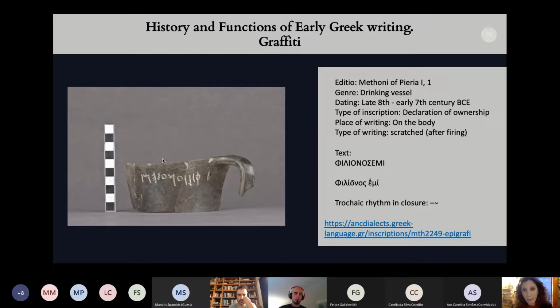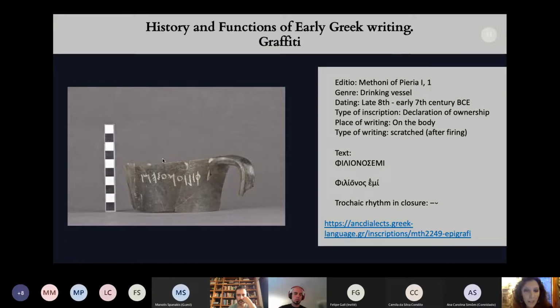And it's remarkable that the alphabet is the Euboean one, and it's very neat. So you can see that there is an expertise here. We are in the late 8th, early 7th century BC. And the other very interesting thing here is that at the beginning the inscription is prosaic, it is prose. But according to the editor, the closure is in trochaic rhythm because it's long, short.